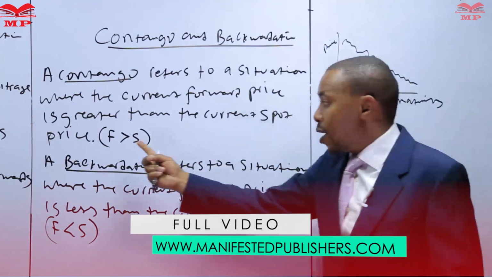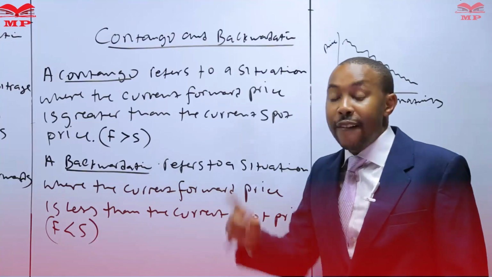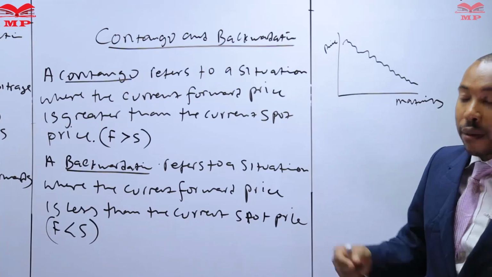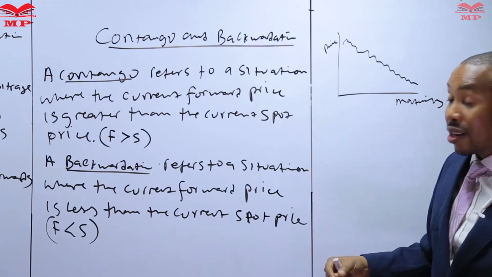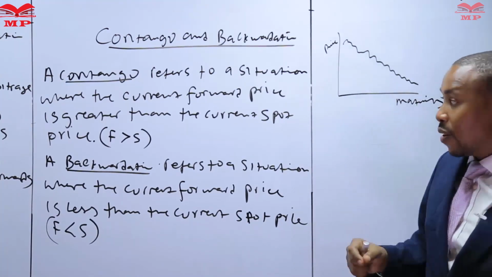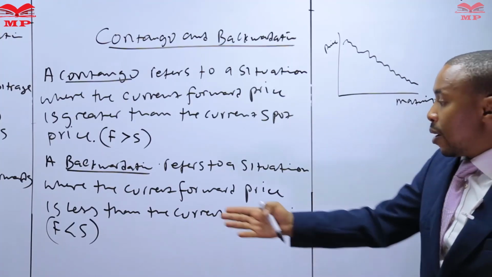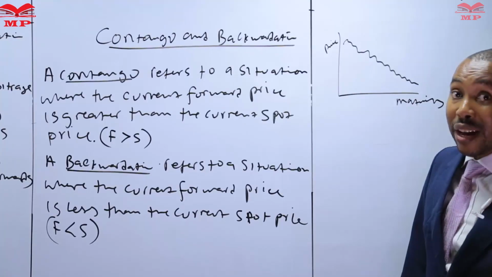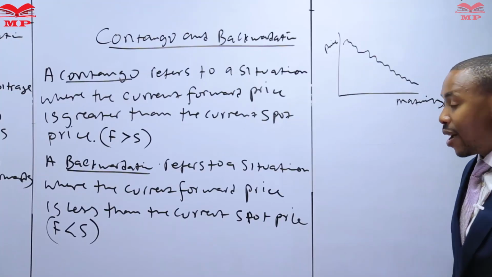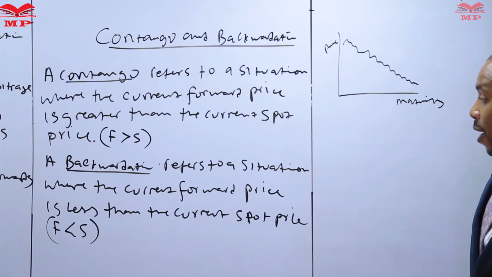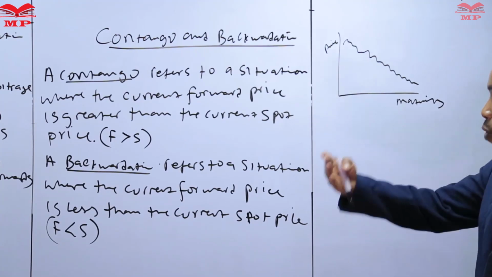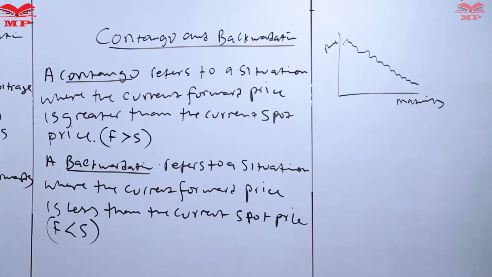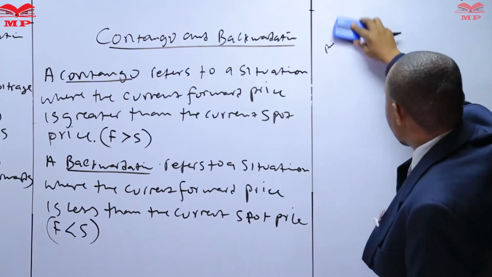Hedge fund managers usually try to leverage the differential between the forward prices and the spot prices. Likewise, a backwardation is where the forward price is less than the spot price. That can also be a scenario where you can earn a very significant return, leading to increased value realized by the investor or the analyst.